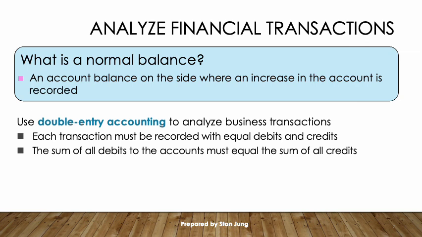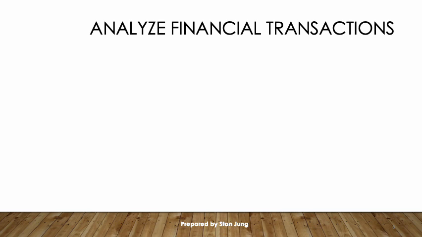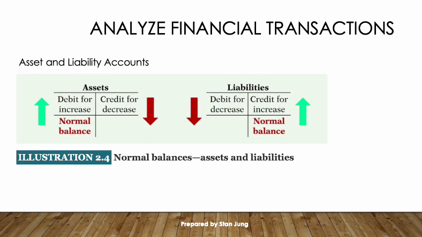Each transaction must be recorded with equal debits and credits, and the sum of all debits must equal the sum of all credits. So that's actually very important. In the next few slides, I'm going to talk about the normal balances for each of the categories in the chart of accounts. As I mentioned, this next section is vital for our understanding of accounting. Let's get right into it.